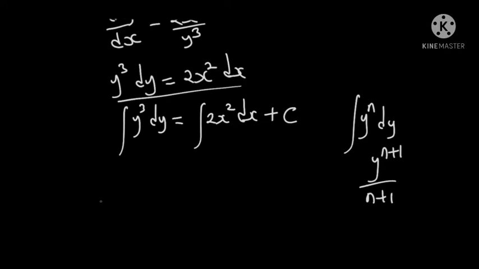Therefore, we have y to the 4 divided by 4 equals 2x cubed divided by 3 plus the constant of integration. This is the required general solution.